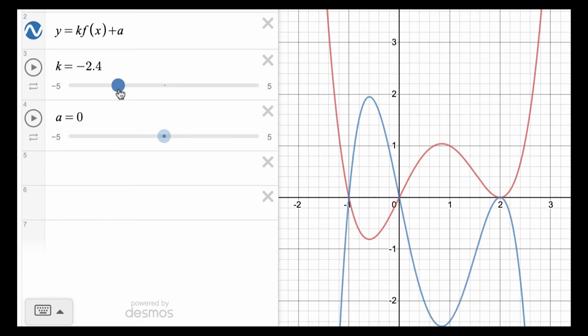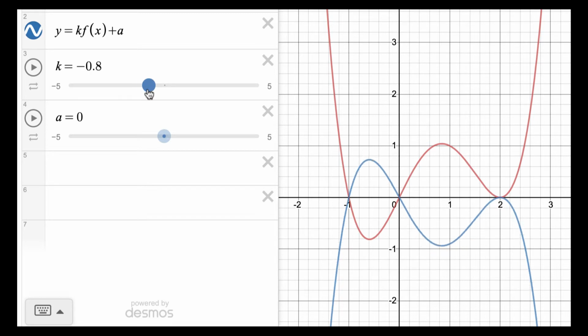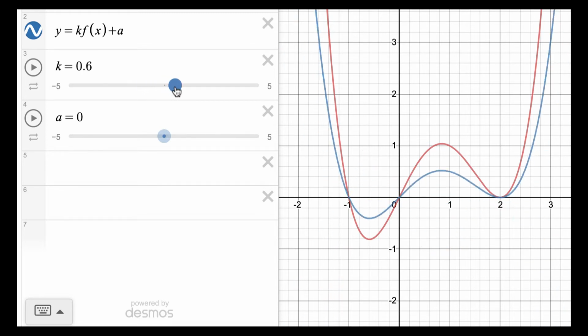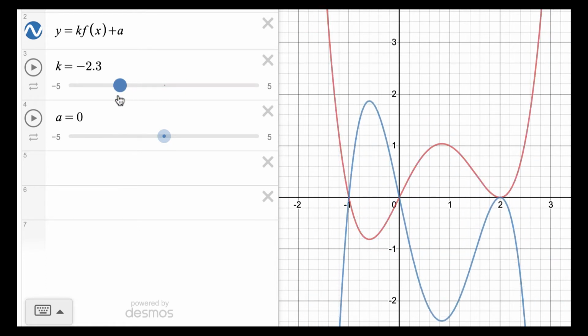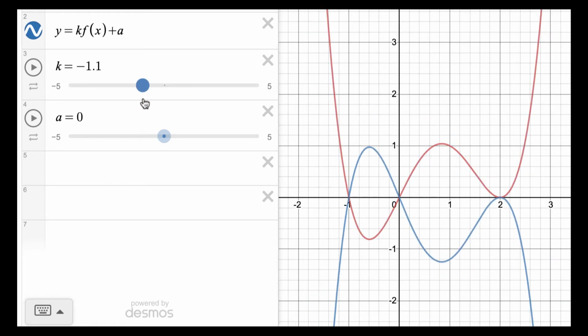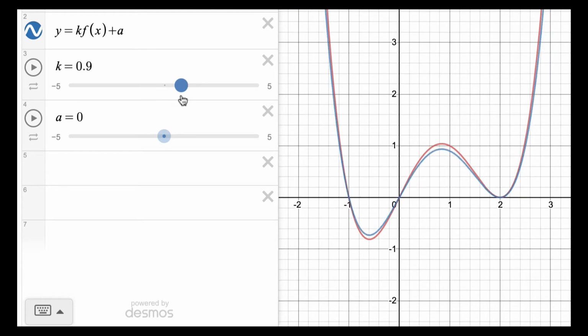So that scaling can be done on an inverted graph, inverted through the x-axis, or just a normal graph. So multiplying by k involves scaling of the original graph. Negative values for k reflect in the x-axis.